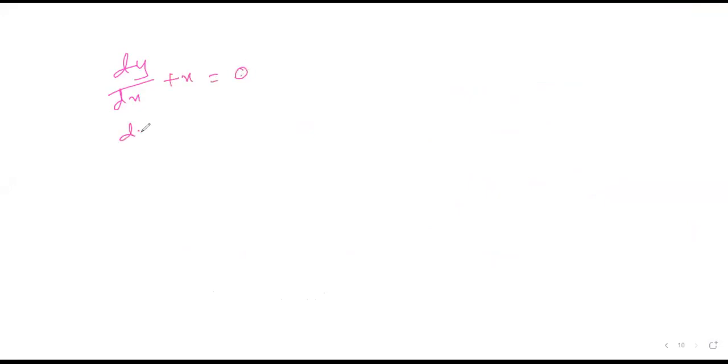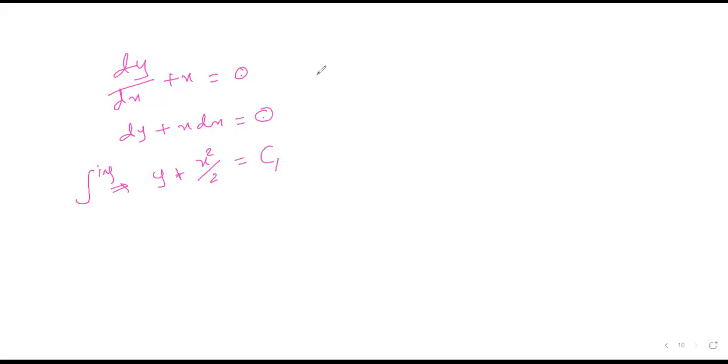So dy plus x dx, I'm just cross multiplying this side. Integrate this one. If you integrate, this will be y. This is a total derivative, no? So according to that, y plus x squared by 2 is equal to C1.